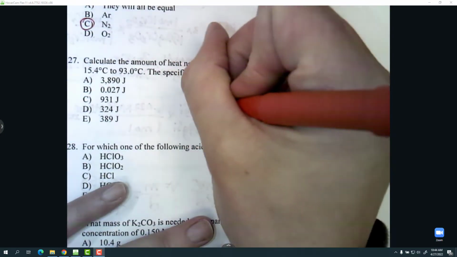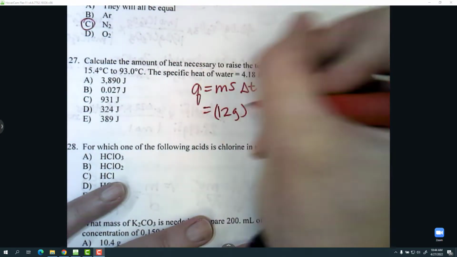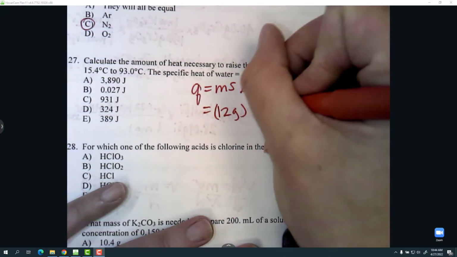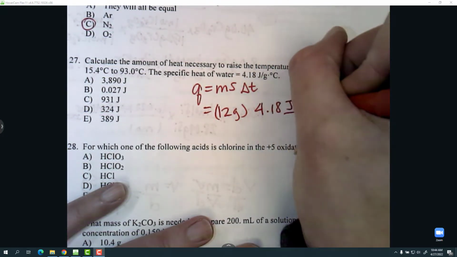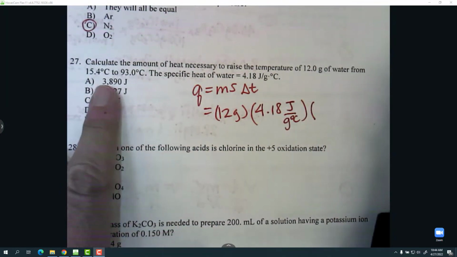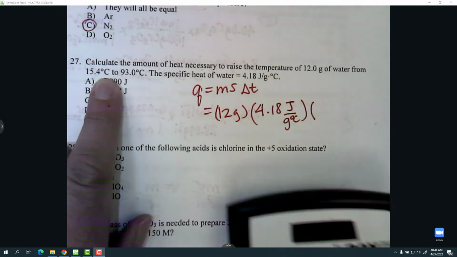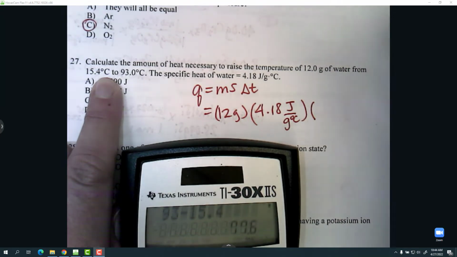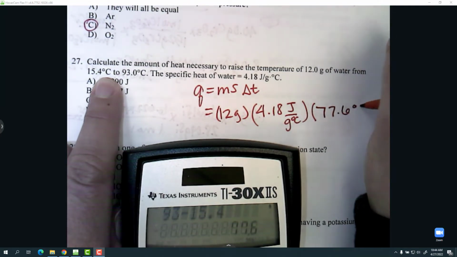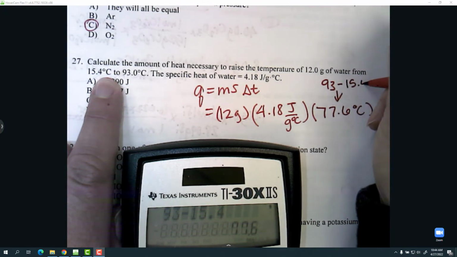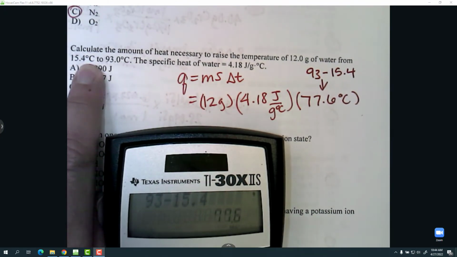All right, so 12 grams is my mass. The specific heat is given to me, 4.18 joules on top, grams and degrees Celsius on the bottom. And then the delta T is the change in temperature, final minus initial, so 93 minus 15.4 is my change in temperature.